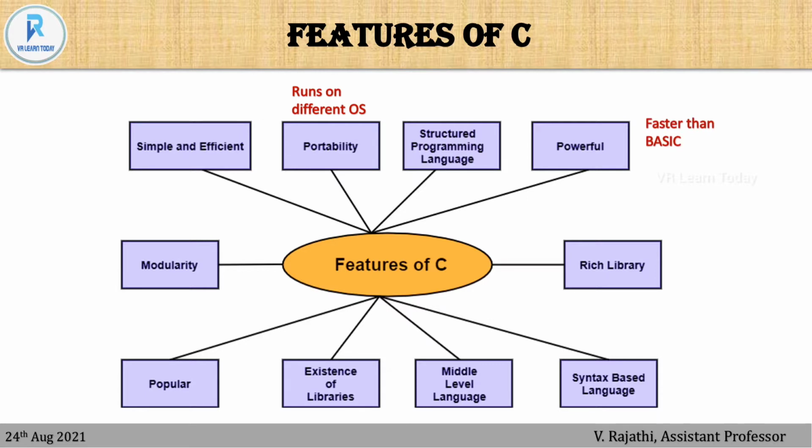BASIC is another programming language. C has rich libraries, which means it has some inbuilt functions and libraries. We can also create our own functions too. It is a syntax based language, a middle level language, has a existence of libraries, is a more popular language, and finally it has modularity.